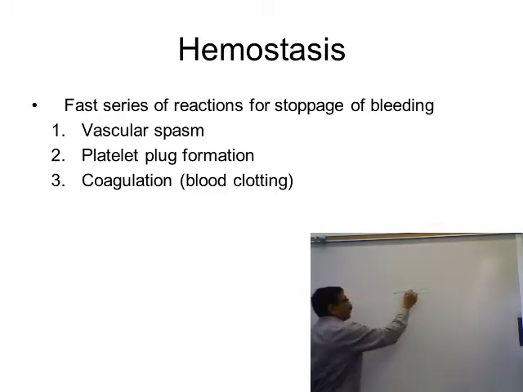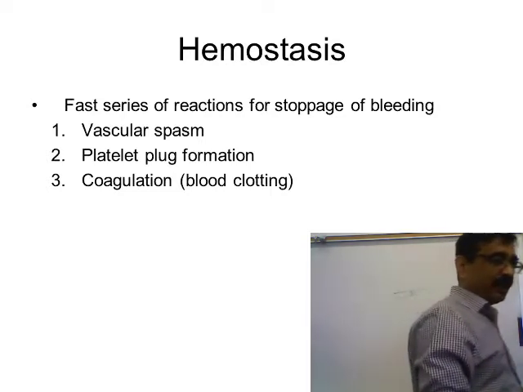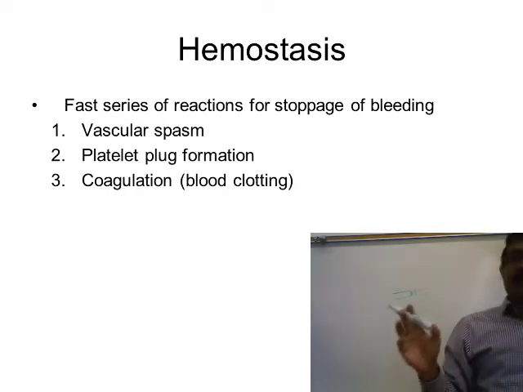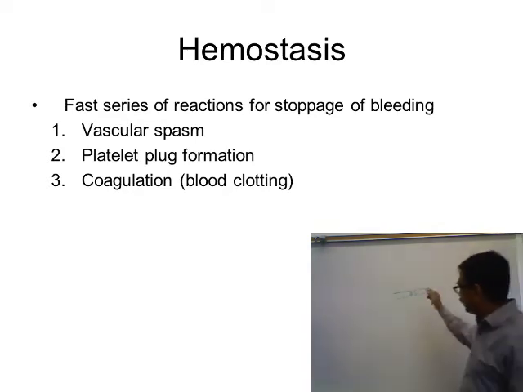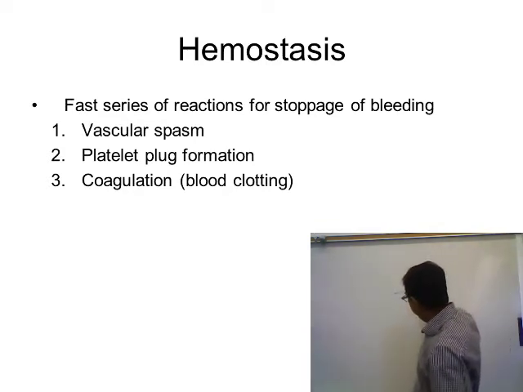Now, when the size of this lumen gets smaller by vascular spasm, less blood gets out. So that is the first step, how blood loss is prevented. Okay, so the lumen will get narrow. Why does that happen? Vascular spasm.